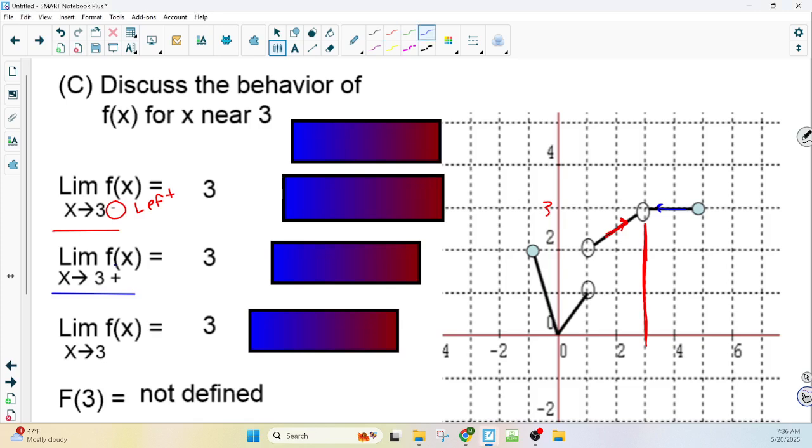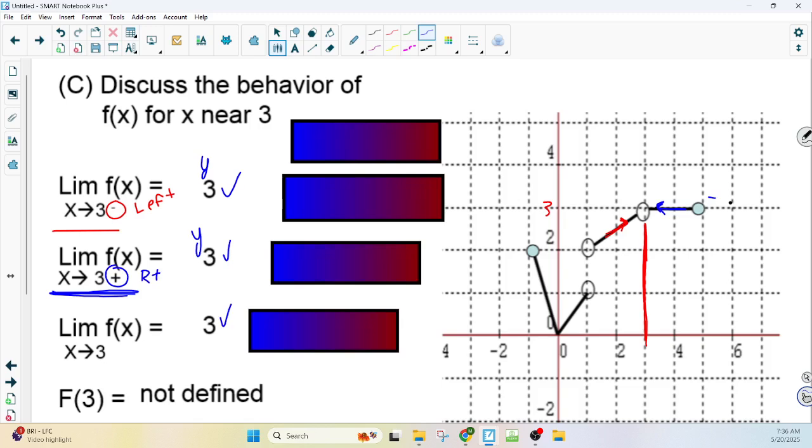When we look at this one, we're starting from the right, so we're coming to 3 from the right side, and we're never going to get all the way to this dot, but we can see that the height would be 3, so that's why these limits are 3, and that's a y value. Since those two limits agree, the whole limit is 3, because both the left and the right limit equal 3, okay?